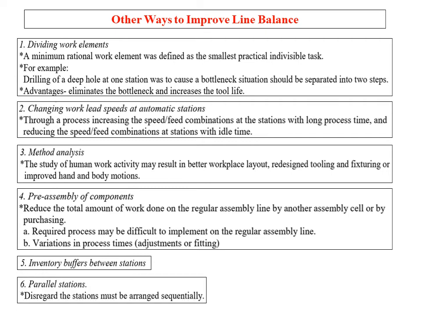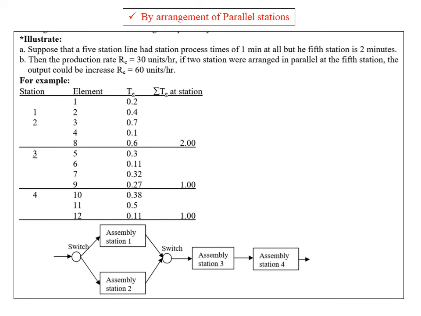Then use of parallel stations, disregarding the idea that stations must be arranged sequentially. Let us say this is the example. We have a five station line with a process time of 1 minute at all stations, but the fifth station takes 2 minutes.